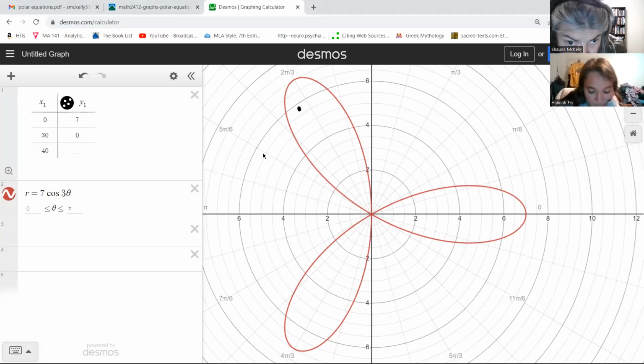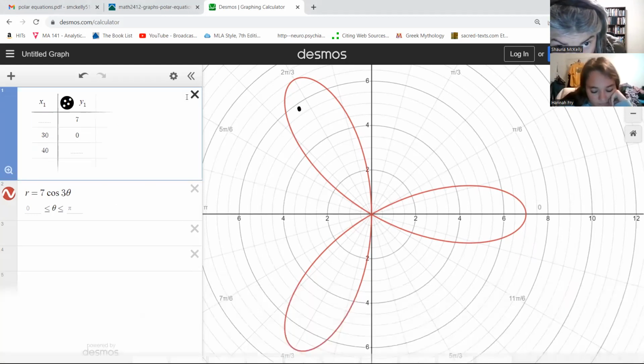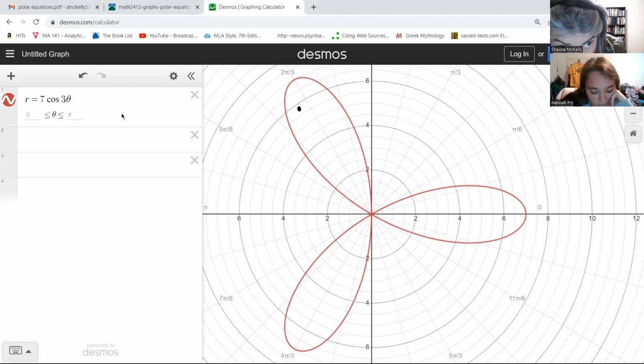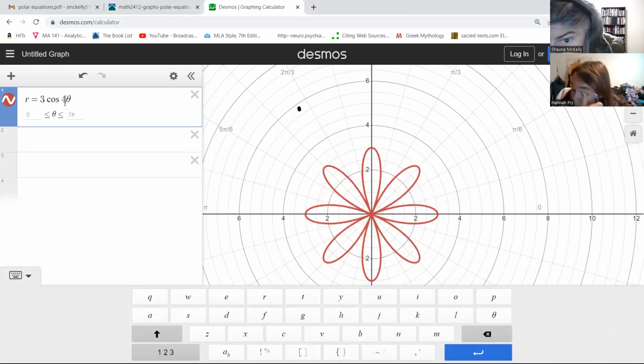Now, suppose that I wanted to graph a different curve here. Let's make the radius a little smaller. Let's make it 3, but then this time, let's make it 4 theta. 3 cosine 4 theta.